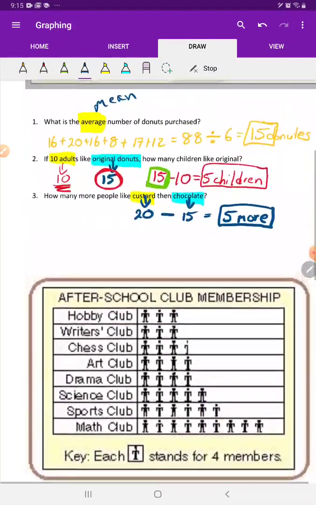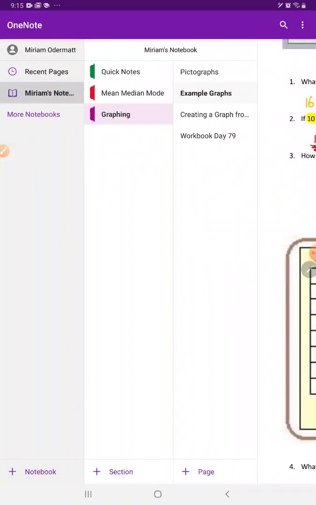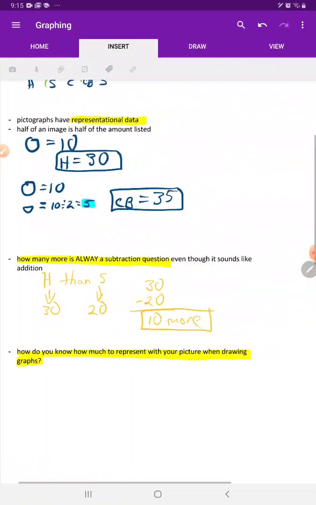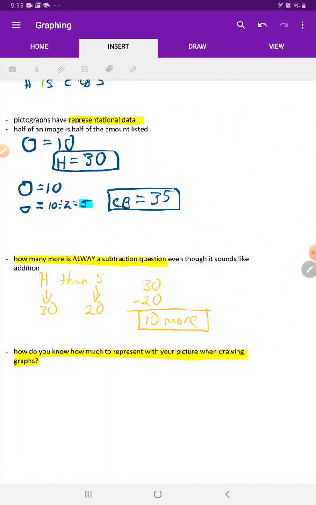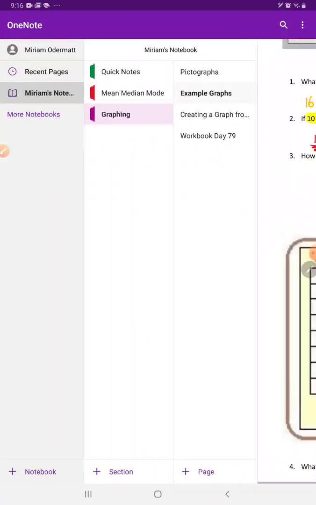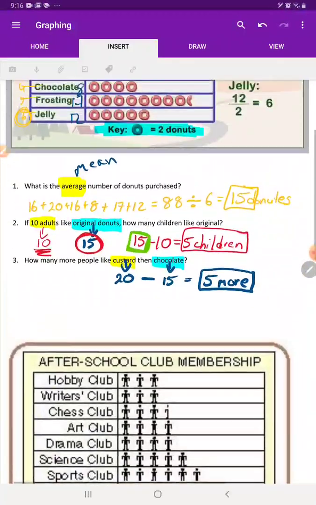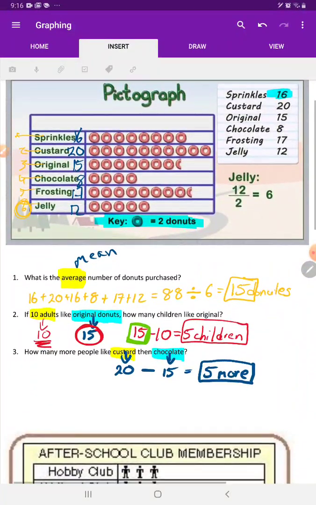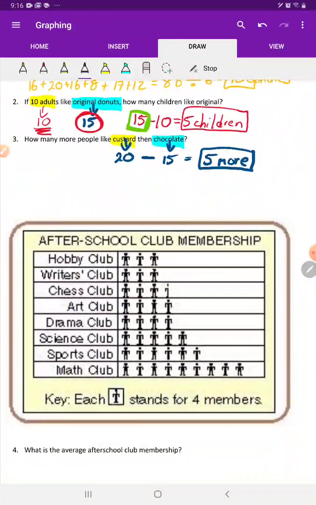All right. So now, when we look at this over here, I had 1 circle equals 10. Now when we go to the example graph here, we had 1 donut equals 2. And now we go down here and we have 1 person equals 4. So as we can see, representational data can change all the time. So we've got to keep that in our heads the whole time.